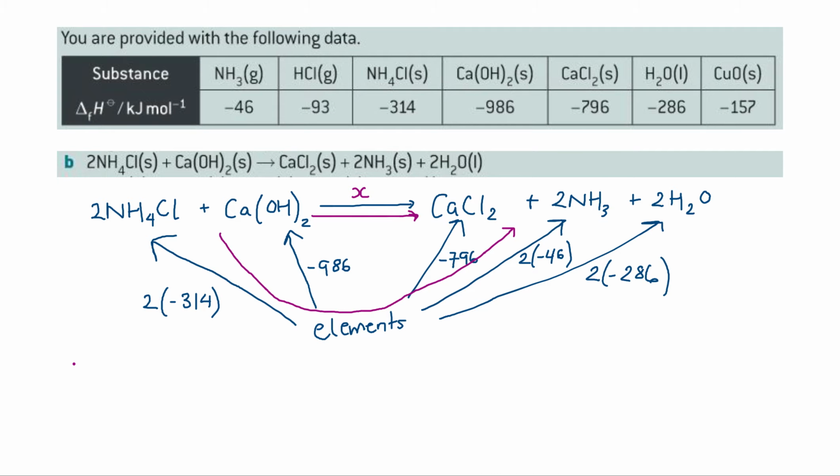So this one over here, if I change the sign, it's just 2 lots of positive 314. And in the opposite direction of this, it's positive 986, so plus 986. That then gets me to my elements. I now want to go up all 3 of these arrows. If I'm going in the same direction, the sign stays the same.